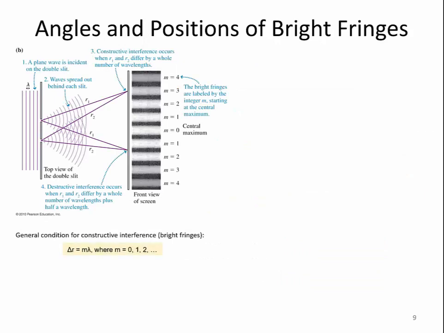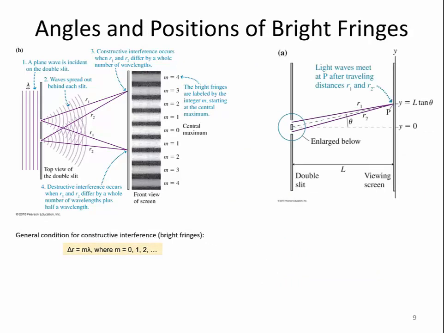Let's take a little closer look at this geometry. When you see the path length difference here, there's a way to measure it using geometry. And when we do that, we will get the angles of these bright fringes. Theta would be equal to m times lambda over d, where d is the distance between the openings. So here, this is d, and the angle theta of the bright fringes is given like that.